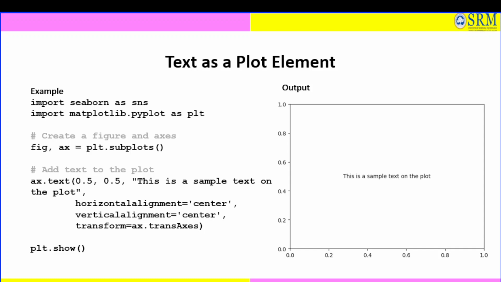The last one is text itself acting as a plot element. For example, let's say this is a sample text on the plot. Now I want to use this text as a plot element itself.